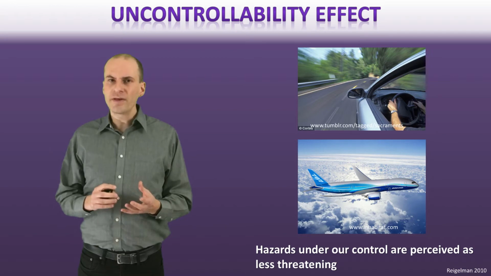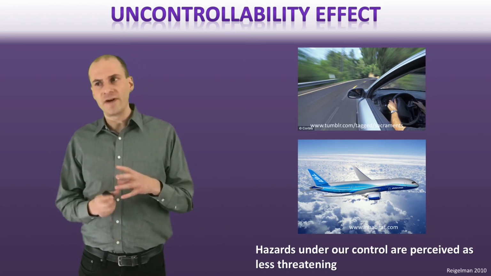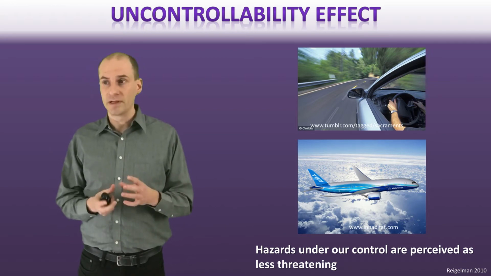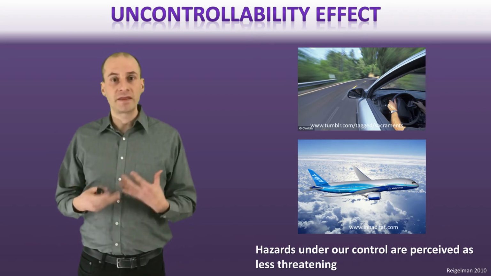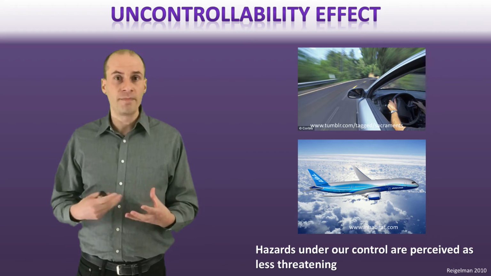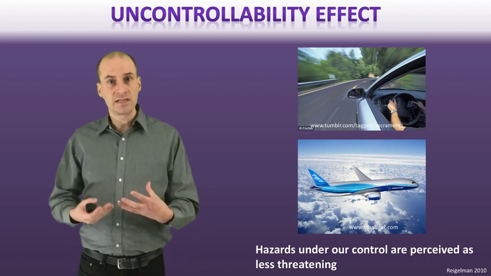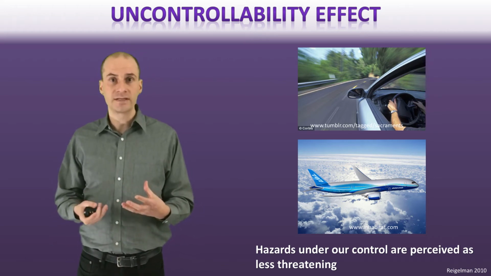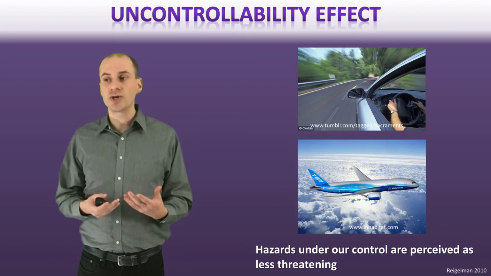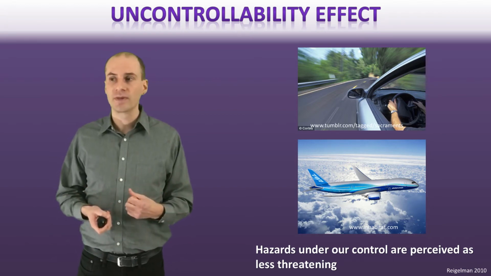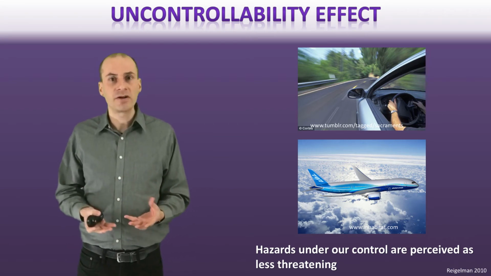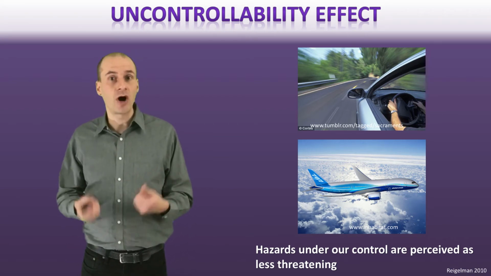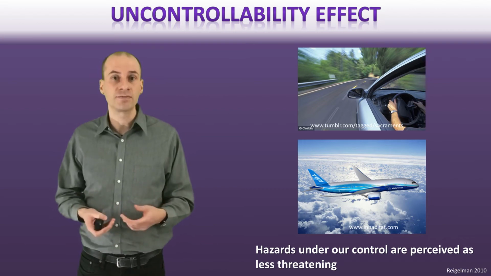So another sort of psychological effect that we see is called the uncontrollability effect. All right. So what we find is that when people feel like they're in control of the behavior that could lead to the health risk, they tend to be less concerned than when they have no control. So the classic example of this is people tend not to be very scared about the fact that they are jumping in their car and driving off to some place, right?